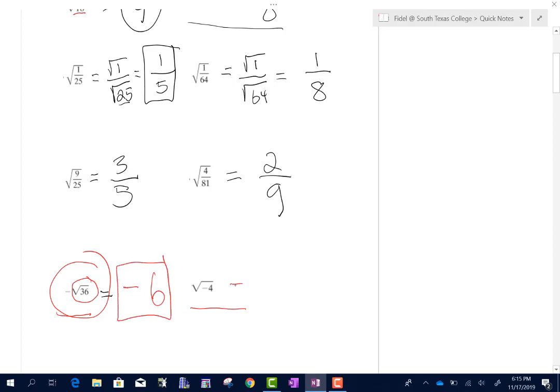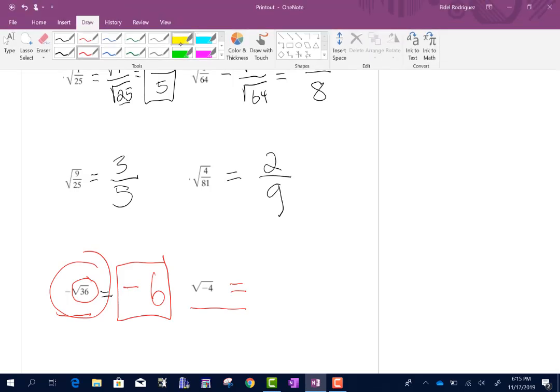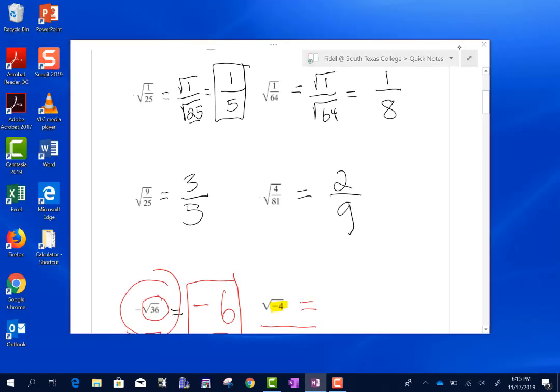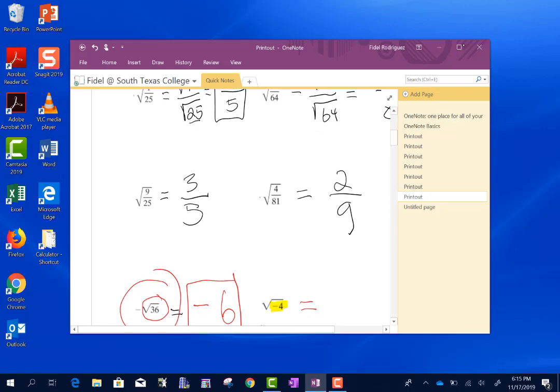Now, there's a difference in this one. Remember what the square root means, right? The square root means what number multiplied by itself would give me a negative 4. Well, I know that 2 times 2 gives me 4.